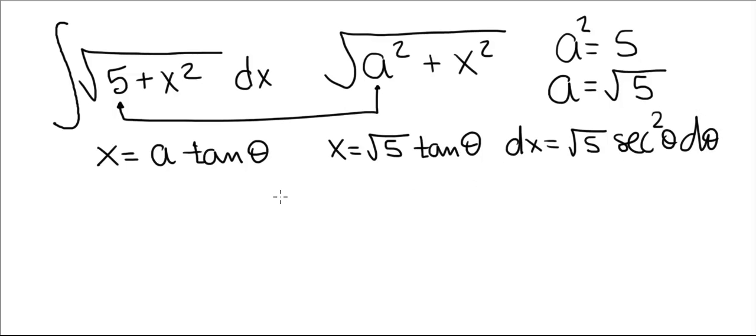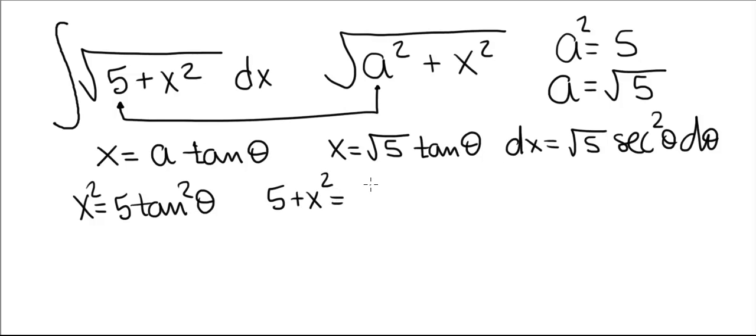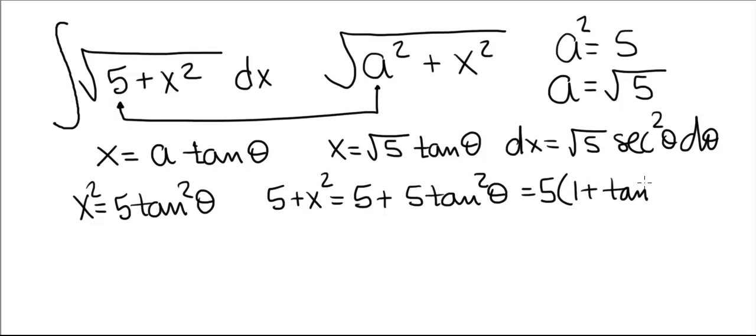And now let's replace what's inside the radical. x squared becomes 5 tangent squared theta, and 5 plus x squared is equal to 5 plus 5 times the tangent squared of theta, and that's 5 times 1 plus tangent squared theta, equal to 5 times secant squared theta.